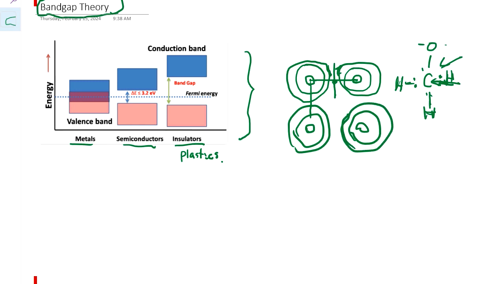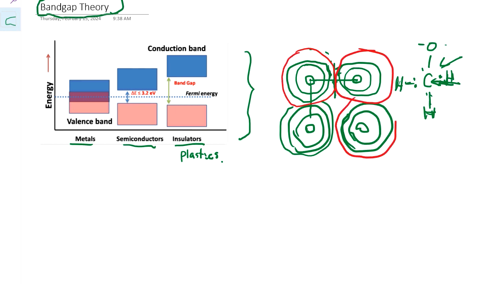Okay, now there are more orbit. Let's use a different color. More orbit outside, and electron is sometimes particle, sometimes the wave. Okay, so it's tricky when you talk about the electron in the material, the bulk.